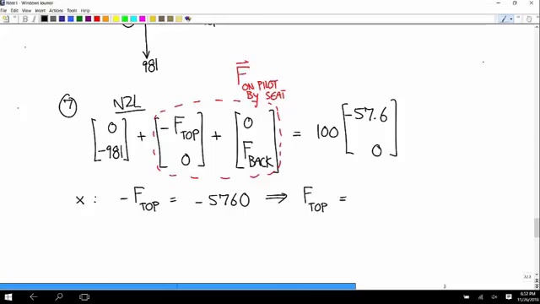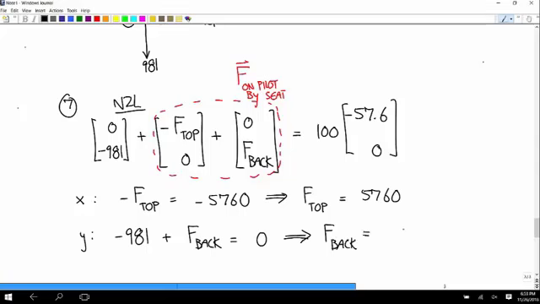So F top is equal to positive 5760. And the y equation says negative 981 plus 0 plus F back is equal to 0. So F back is equal to positive 981.